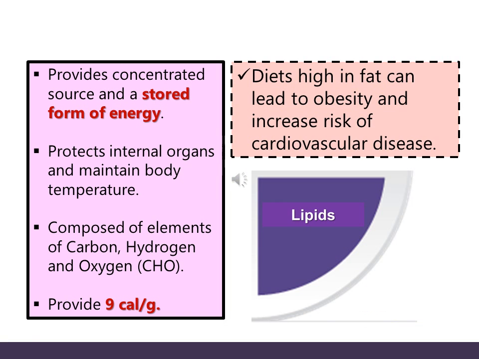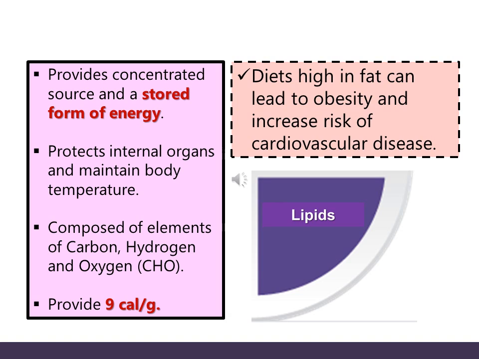Another important source of nutrients are lipids, or fats. Lipids are very important because they provide a concentrated source and a stored form of energy. Look at the words stored form of energy. This type of nutrient is very important in our body. Why?